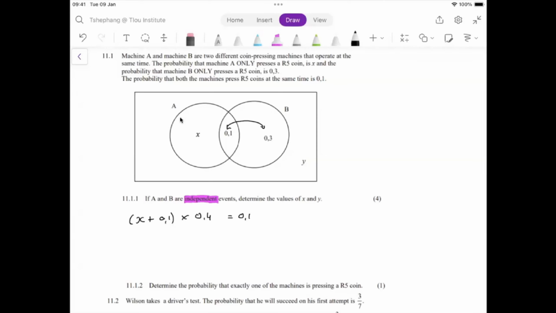Then let's solve for X. X plus 0.1 is equal to 0.25. Now, X is going to be 0.15. Hope it makes sense to everyone. If it makes sense, please give me a thumbs up.